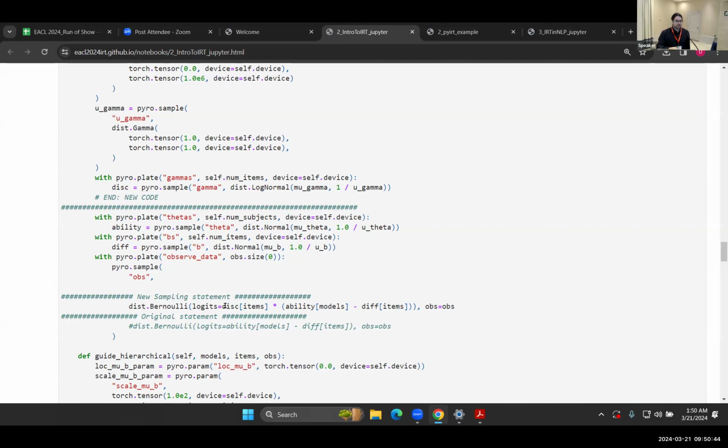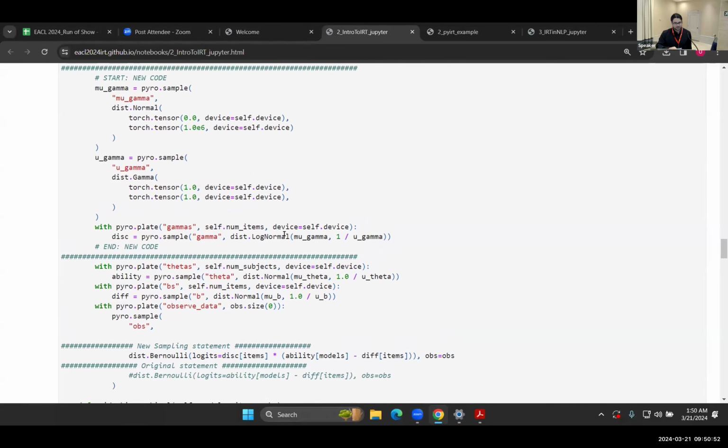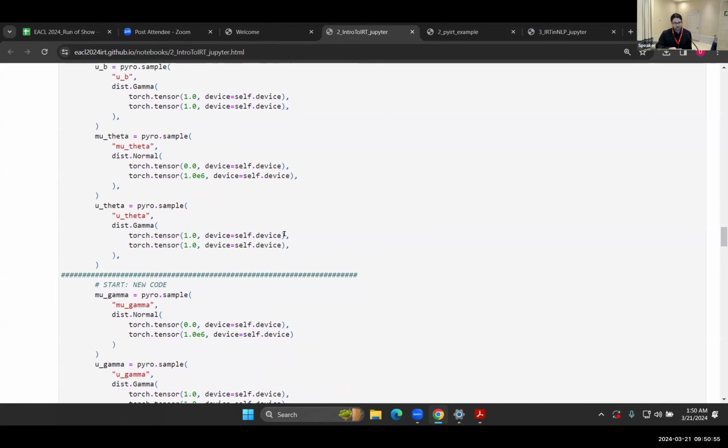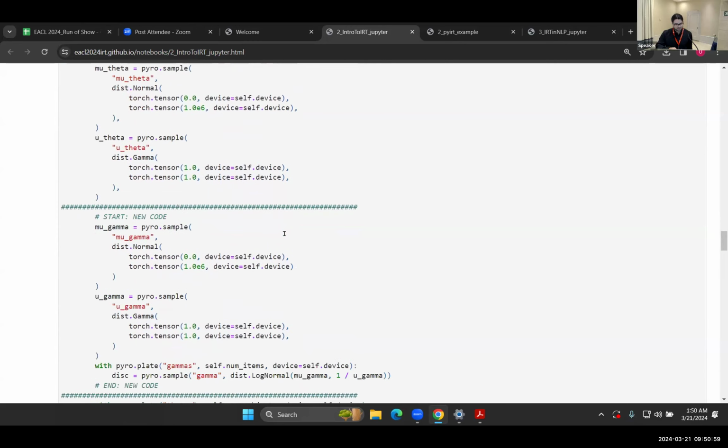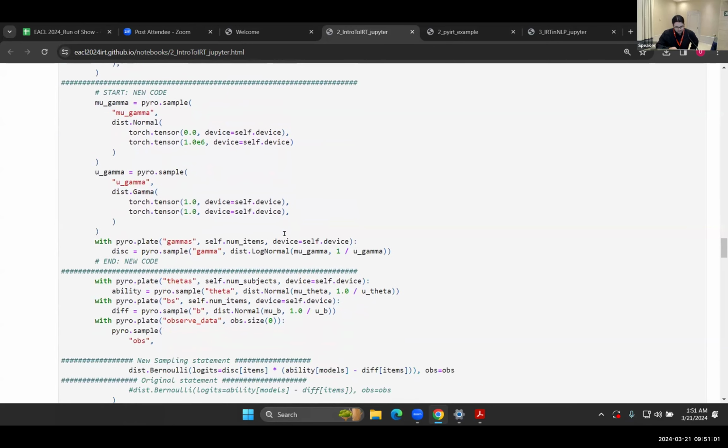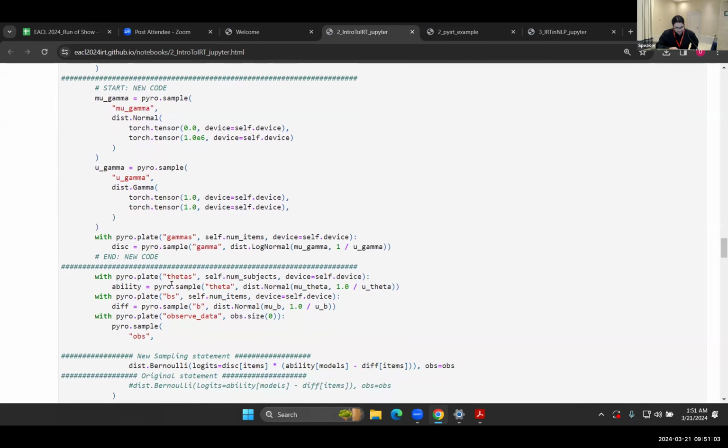And if we look at where these things are coming from, these are also defined as distributions themselves. So for example, if I look at ability, where is ability? Look at theta instead.